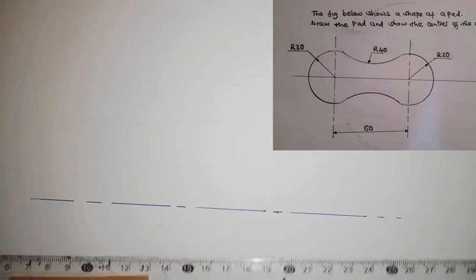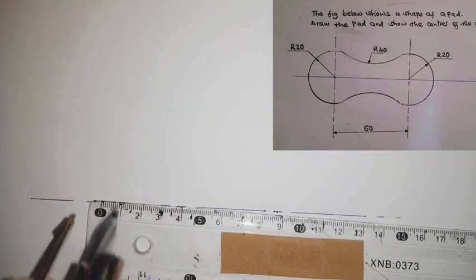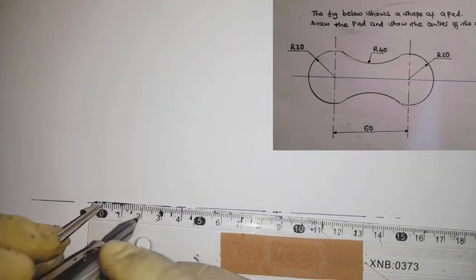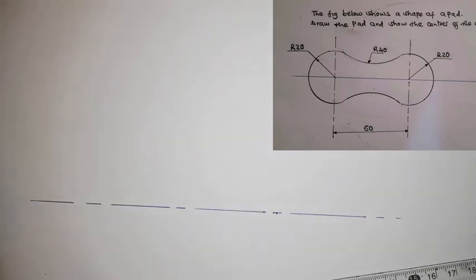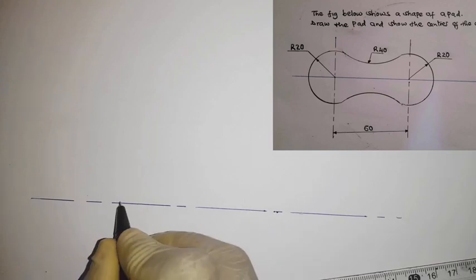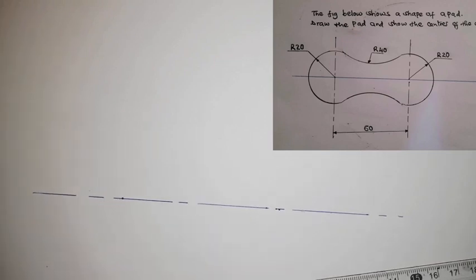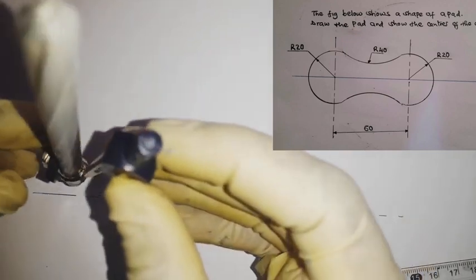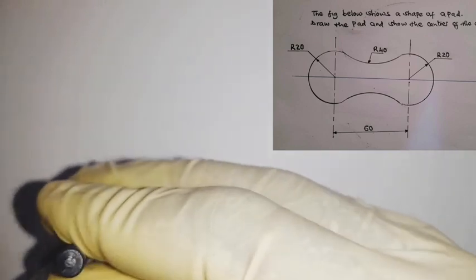The first circle here, or semicircle actually, is of radius 20. So we pick that radius and just establish a center point. Let's say here is where we're going to have the first one. So we just draw our semicircle. There it is.